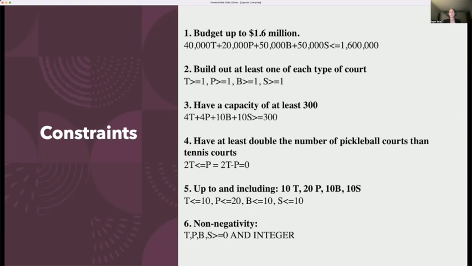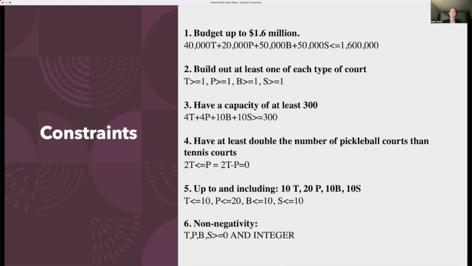The third constraint is to have a capacity of at least 300. That means there should be at least 300 people at the facility per day. That is just to make sure that we have enough people participating, coming to the facility and enjoying the different courts.